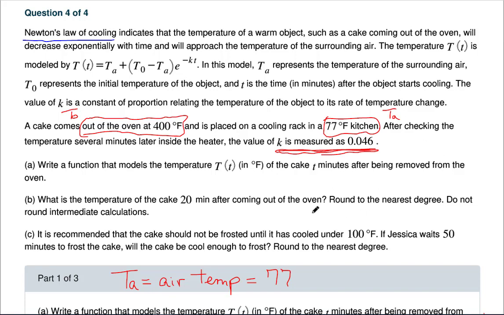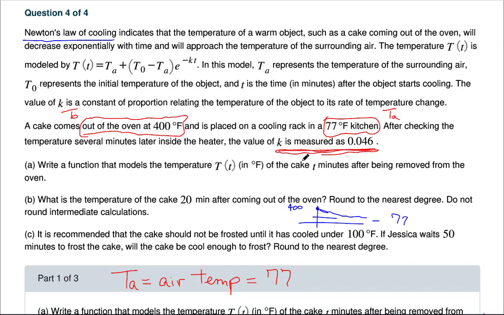So this particular item, we are coming out of the oven, in this case, at 400 degrees. It starts cooling off. Well, it can't cool off any more than our room temperature, which is 77.